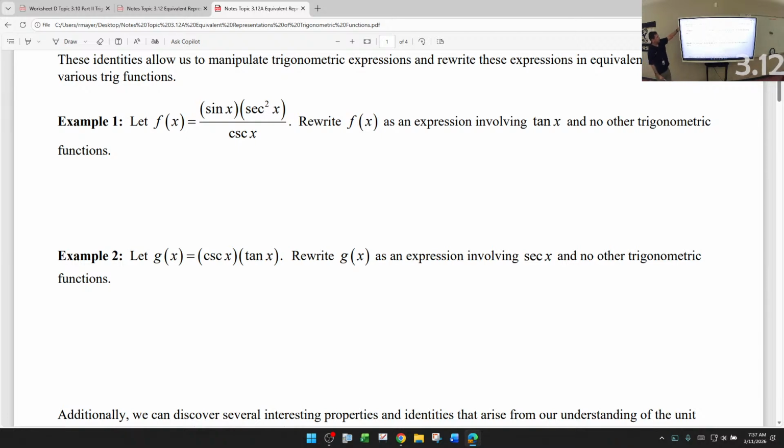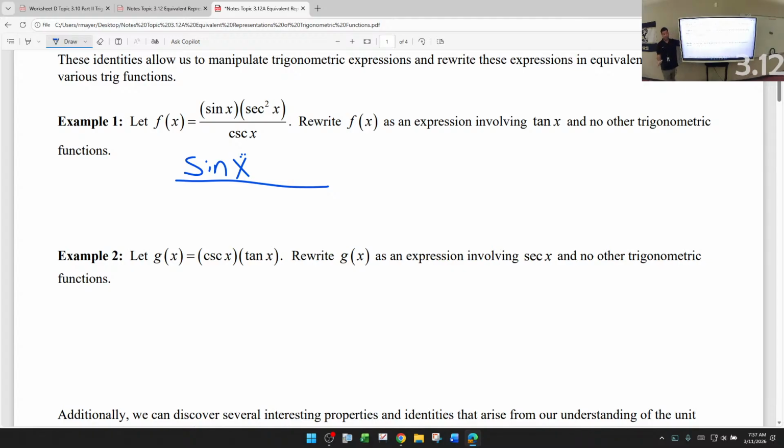So in example number 1 here, I've got sine x on top, so I'm going to leave that sine. I'm going to change secant squared to 1 over cosine squared, or put cosine squared down here at the bottom. Either way.